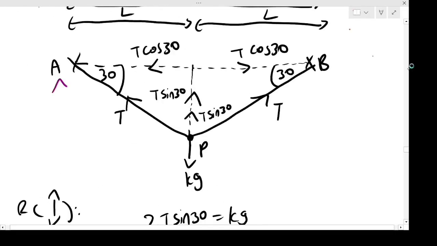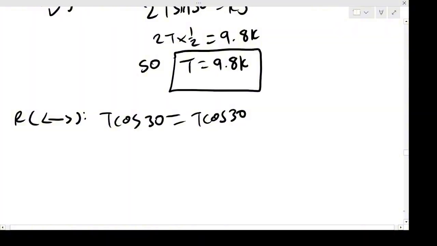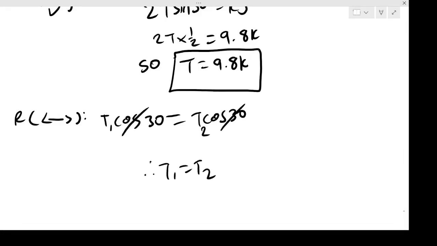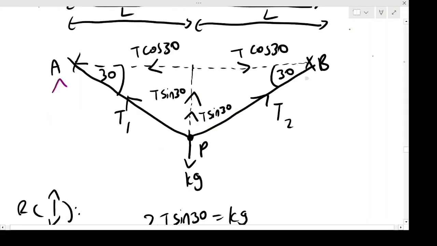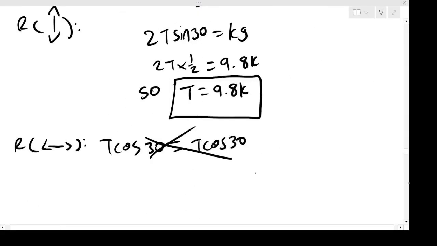Also, if you were a bit unsure about the tensions being equal on the left and the right, if I called these T1 and T2, then with this equation we would say T1 cos 30 is T2 cos 30. The cos 30s cancel to get T1 equals T2. So hopefully you can see that indeed the tensions on the left and the right side must be equal.